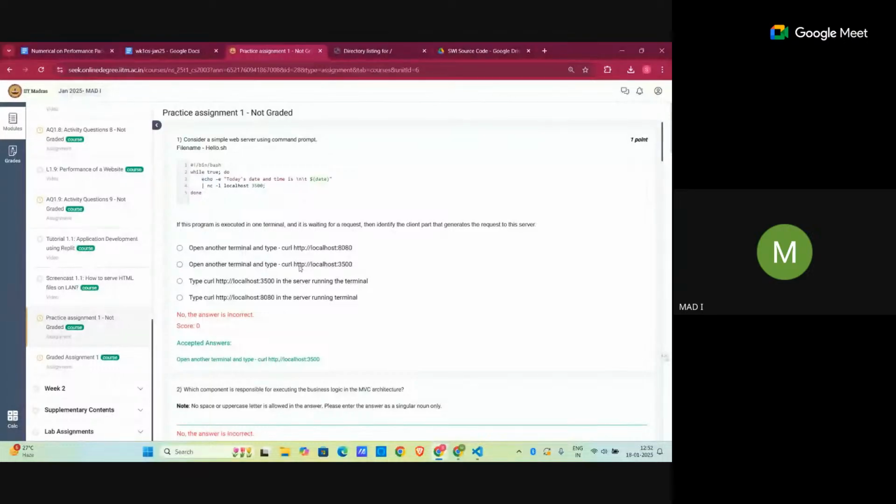So we will write curl http://localhost:3500. We open this in another terminal because on one terminal my server is working. So basically this curl command is acting as the client. It will send the request at port 3500, and at this port I will receive the response as the current date.